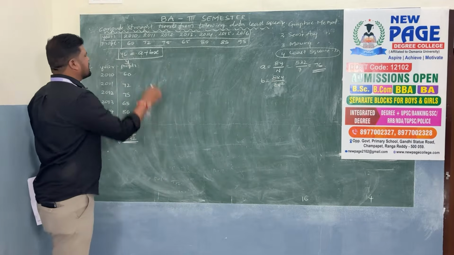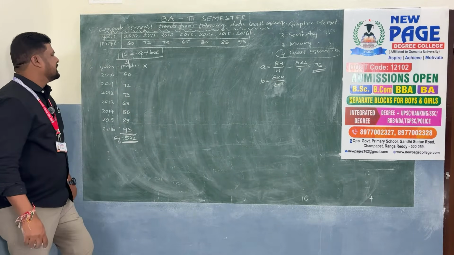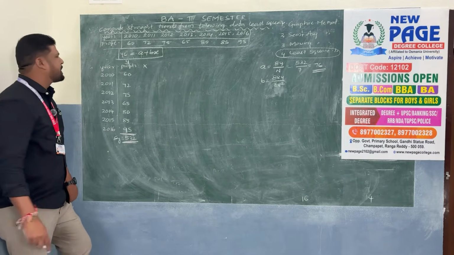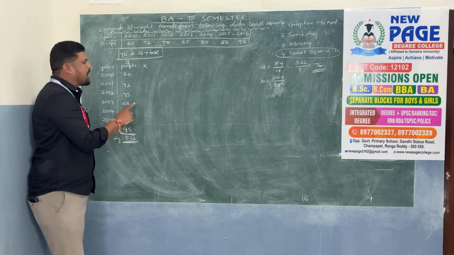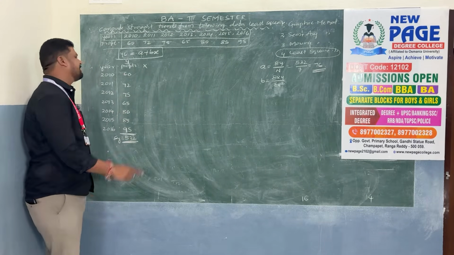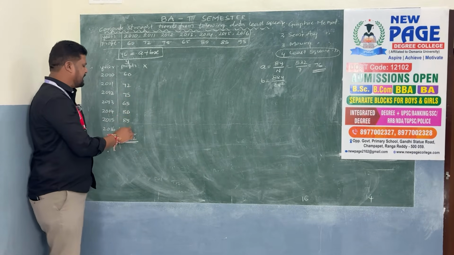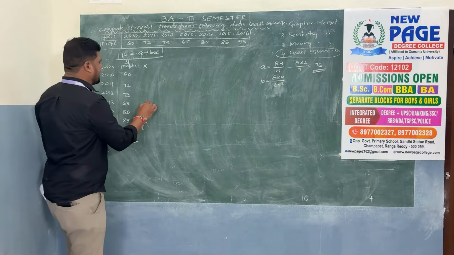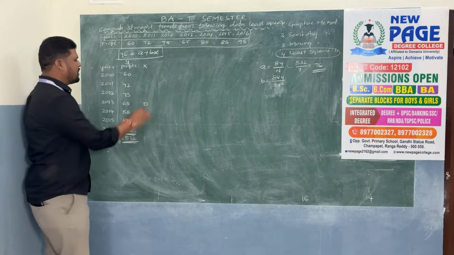So here find out the x. X means the deviations derived from the y values. Given the odd numbers 1, 2, 3, 4, 5, 6, 7, the middle year is given 0.